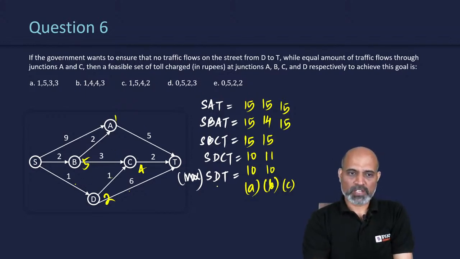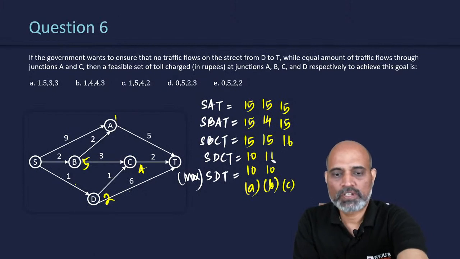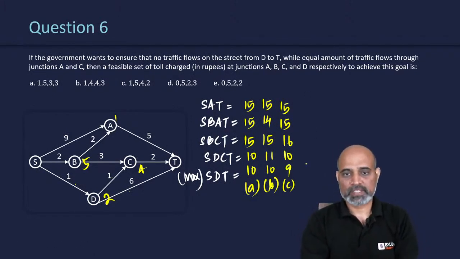SBCT will also become 15. No, this one will increase by 1. So 10 plus 6, 16 हो जाएगा ये. SDCT will become 8. No, 8 nahi. There is another 2. So this one will become 10. And this is going to be 9.